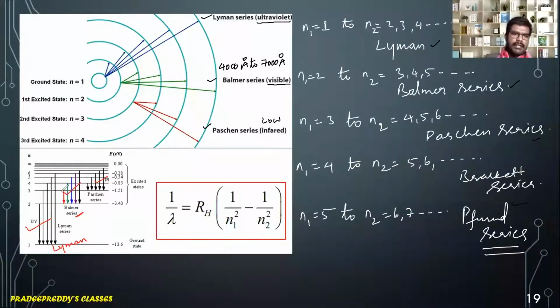That's the reason it is marked as red, green, blue, orange. So we are able to see V, I, B, G, Y, O, R. All these multiple wavelengths can be observed in the Balmer series. This is how the hydrogen spectrum can be successfully explained by Bohr's atomic model.